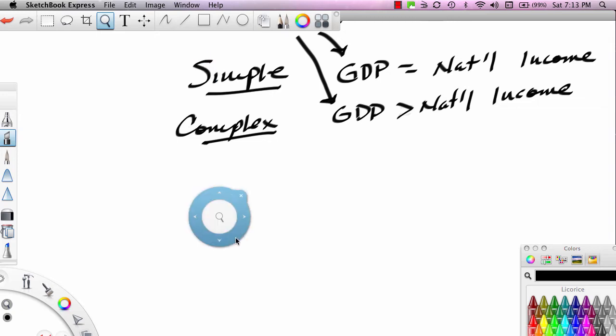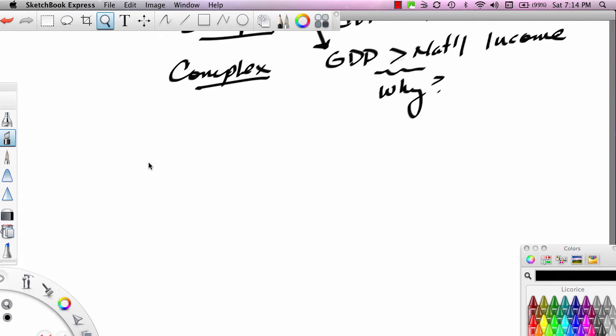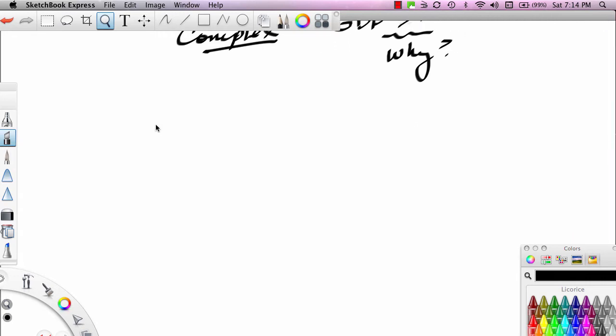Before I show you why GDP is greater than national income, let's make sure that we know what national income actually is. So again, let me move my frame down a little bit here, and we'll be ready to go.